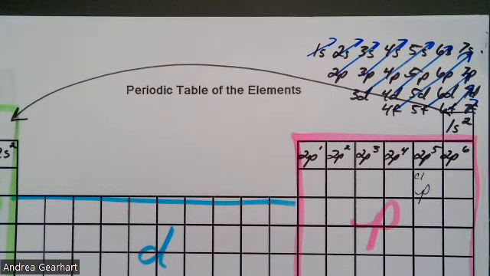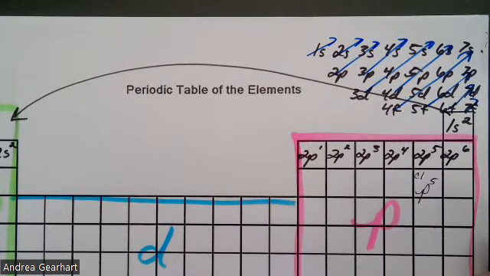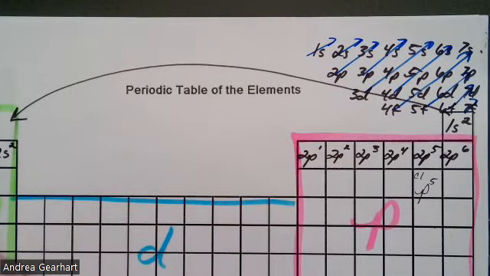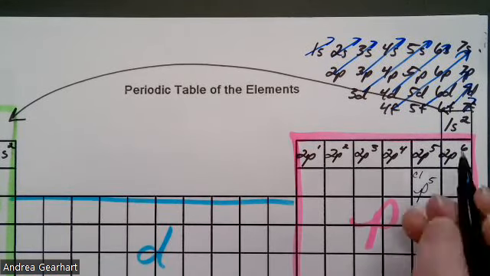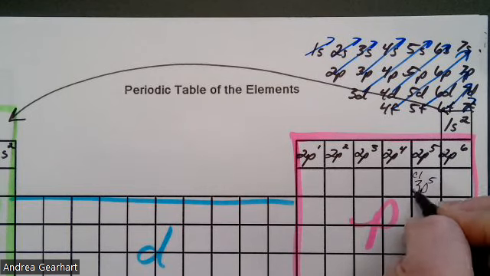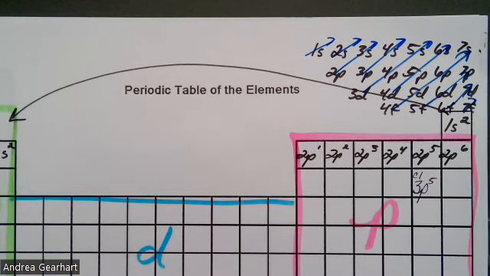As far as electrons, we just count over 1, 2, 3, 4, 5. So the exponent will be 5. And the energy level that P is in is 3. I think I took a step too far. We need to backtrack.